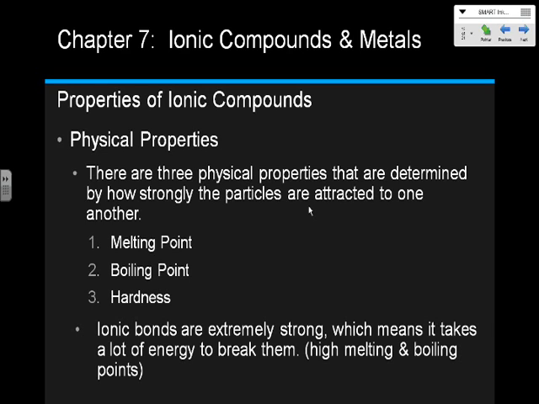If something is weak, it will melt and break those bonds immediately. But if it stays together against strong heat, it has a higher melting point and boiling point, because its bonds can withstand the heat energy being placed against them.